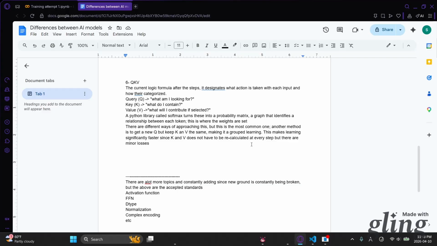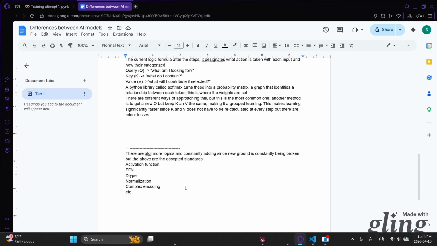Use this one. There is a whole bunch of other stuff I could get into, like activation function, FFN, D-type, normalization, complex encode. These are all topics that you could get into. But like I said, this is the forefront of AI development. There is new stuff being constantly added.